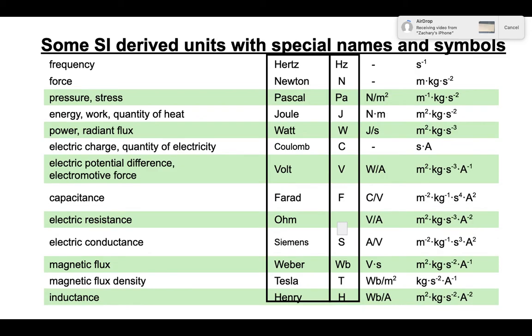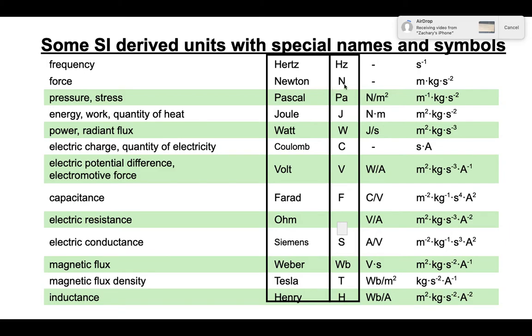For instance, one of the first units we'll talk about in physics class is the Newton. It's how you measure the amount of force, how strong a push or a pull is. This is a derived unit, and if you were doing the full mathematical calculation, you would see that a Newton is a kilogram meter per second squared. That's the full unit of newtons written out. But that's a lot to write, and it's certainly a lot to say. I don't want to say kilogram meters per second squared over and over again.